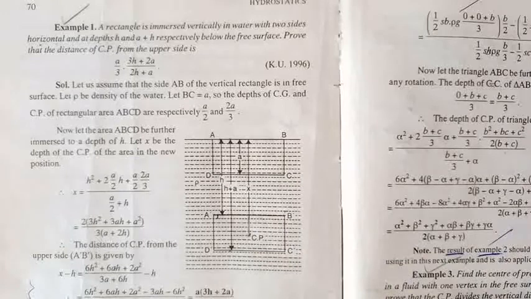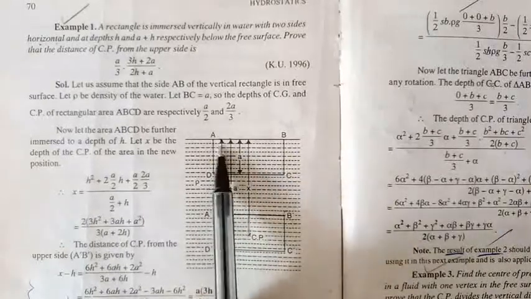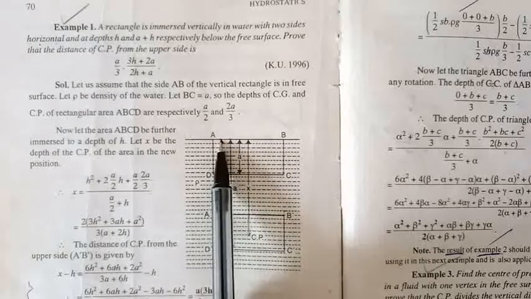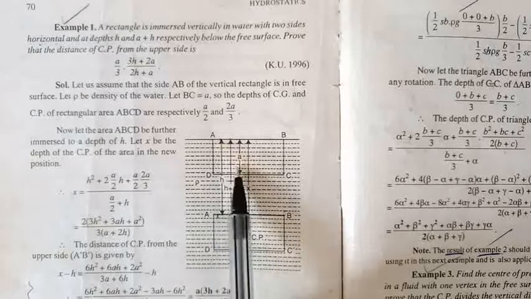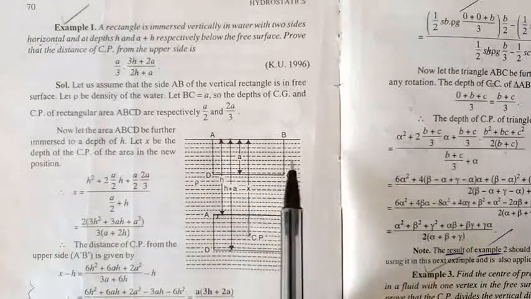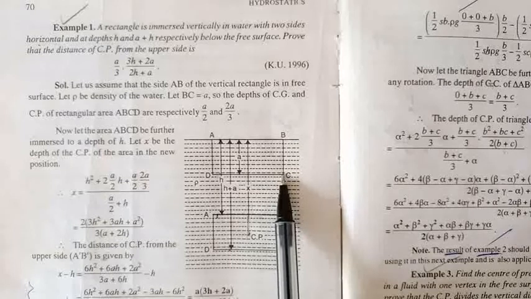So let us take the position of this rectangular area with the side AB in the free surface, and let us take rho as the density of the water. Suppose the length of this side BC is a.